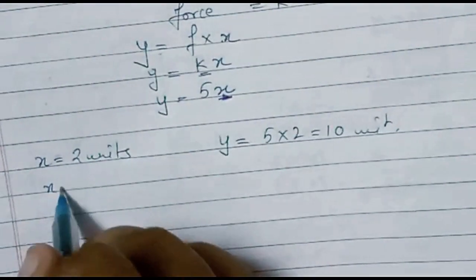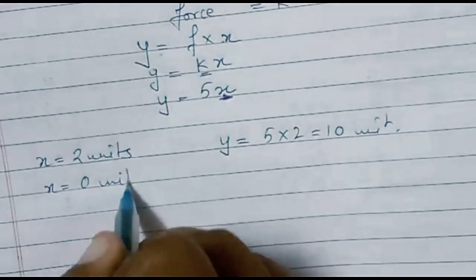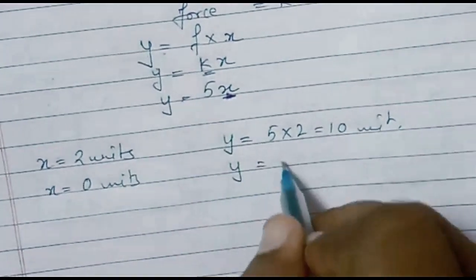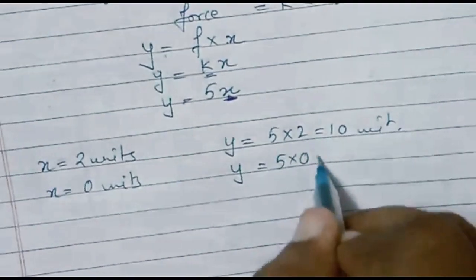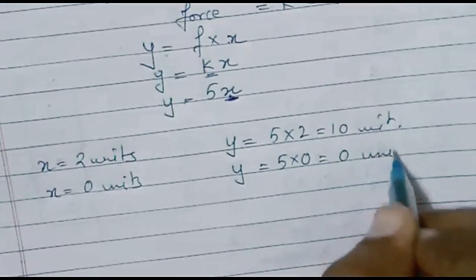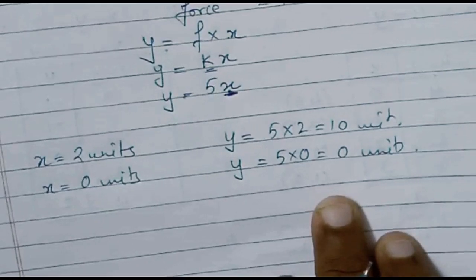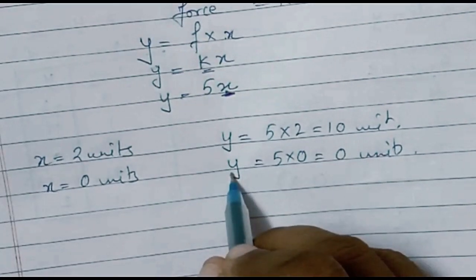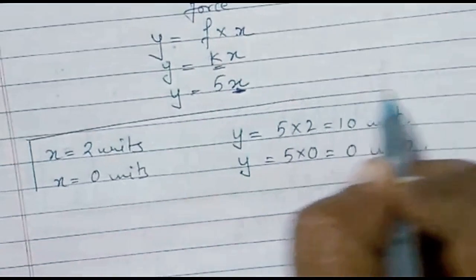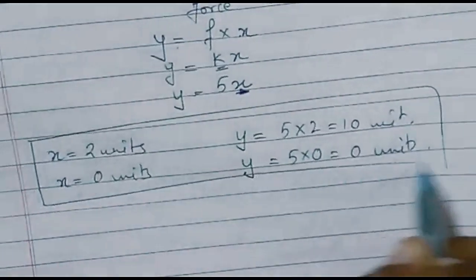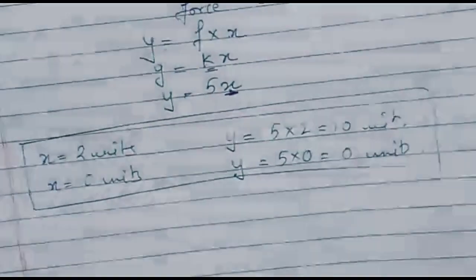Same way, if x is equal to 0 units, work done y will be equal to 5 into 0, which is equal to 0 units. In this way we have to find out the value of y through the graph. But here we have just obtained it so that we can verify it through the graph. So let us draw the graph.